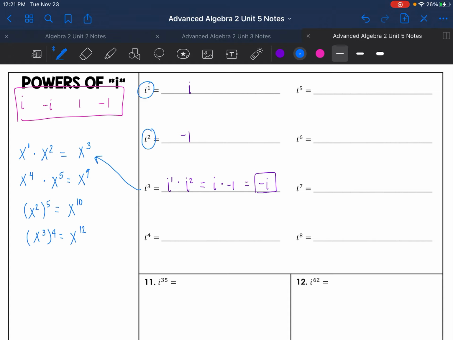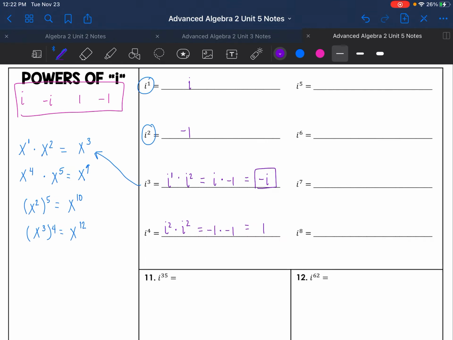Probably the one that would come to mind to most of you would be i squared times i squared is i to the 4th. Well, i squared is -1. So -1 times -1 is what? +1.